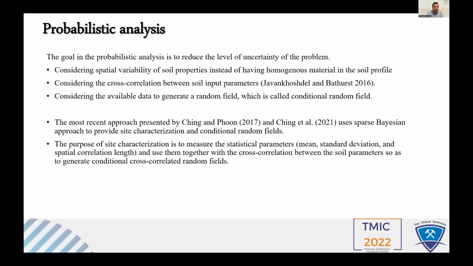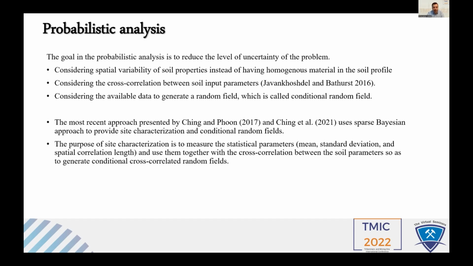So what we are trying to do, and we are adding this feature to RockScience software, is this method and this code only takes CPT data, and it measures everything automatically.